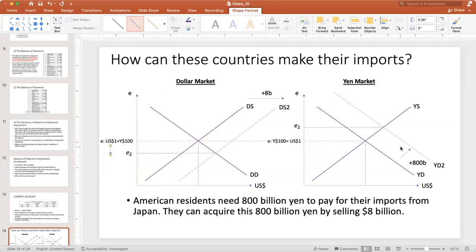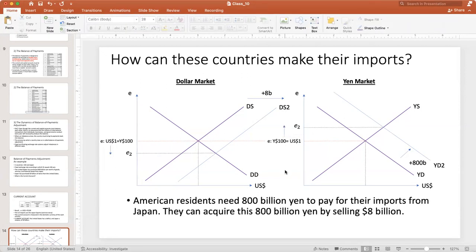And because the demand for yen is increasing, the exchange rate is appreciating, which basically says that given that there is more demand for yen, the price of yen should be higher, so the exchange rate in the yen market should appreciate.